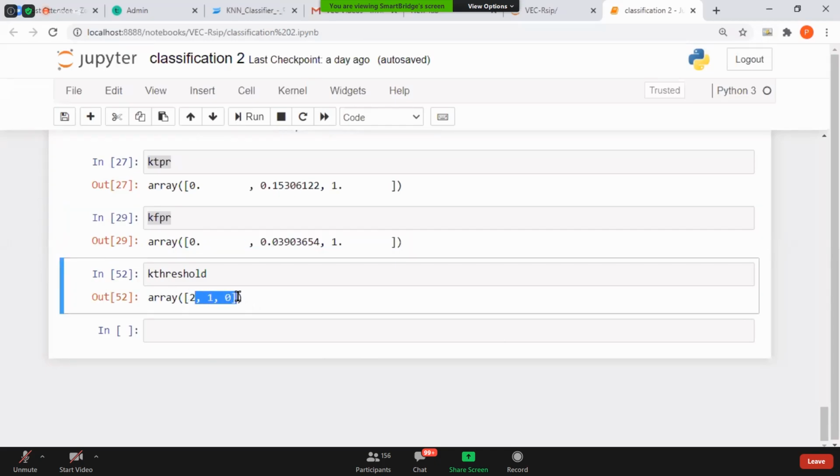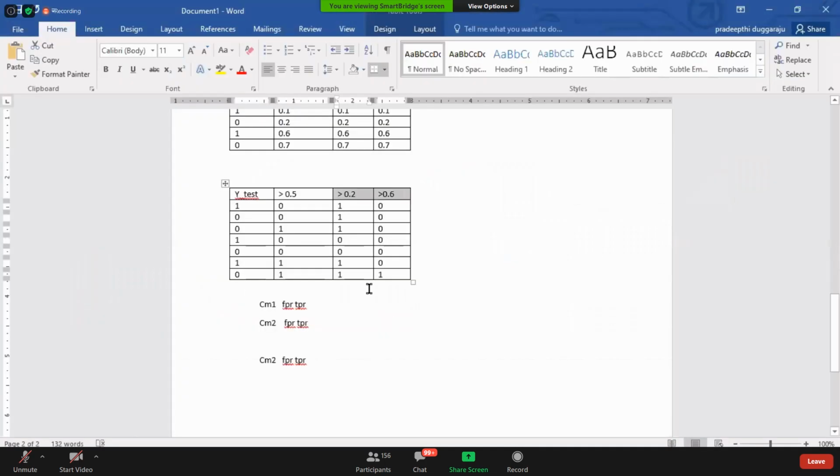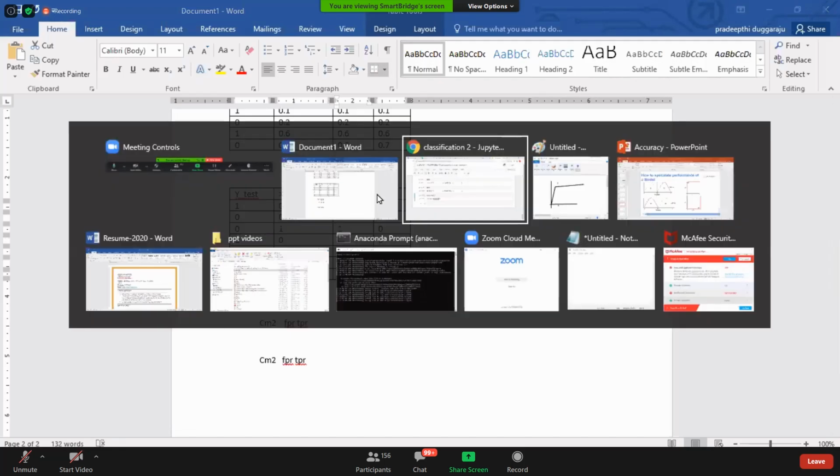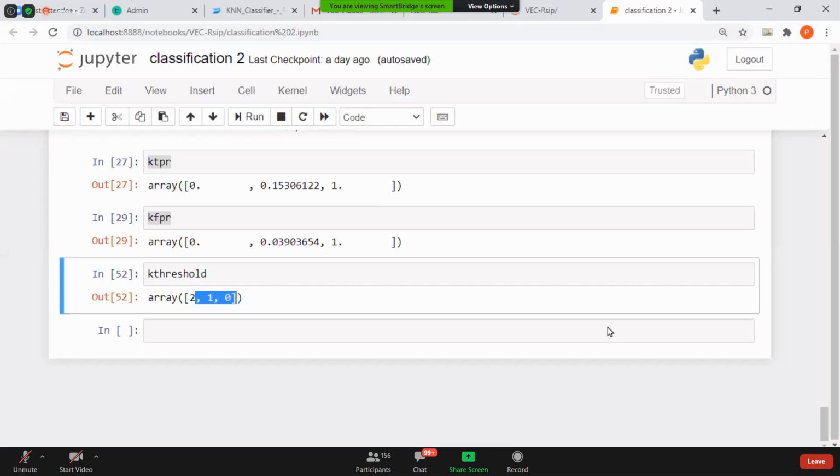You have to research about it and tell me. Here I am taking the threshold values as 0.5, 0.2, and 0.6, but why is my program taking thresholds as 2, 1, and 0? That is your task. Understood, guys?